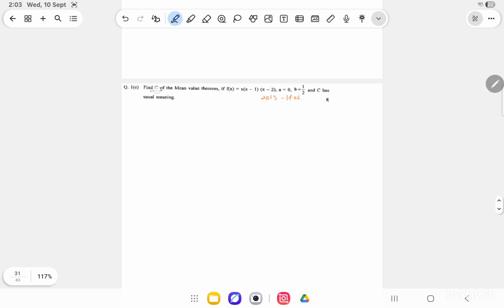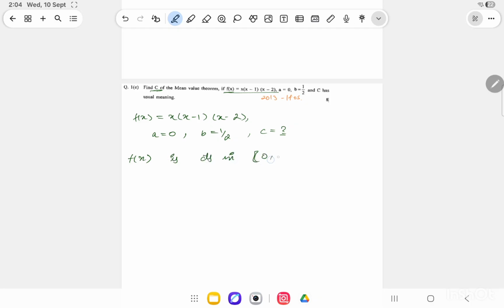Find C of the mean value theorem if f(x) is this. f(x) is basically x into (x minus 1)(x minus 2), a is 0, b is 1 by 2, and C we are supposed to find. If you observe, the function f(x), being a polynomial function, is continuous in the closed interval [0, 1 by 2], because a is 0 and b is 1 by 2, and f(x) is differentiable in the open interval (0, 1 by 2).